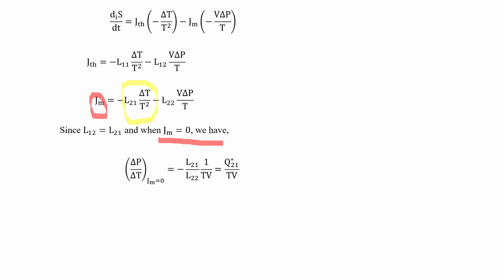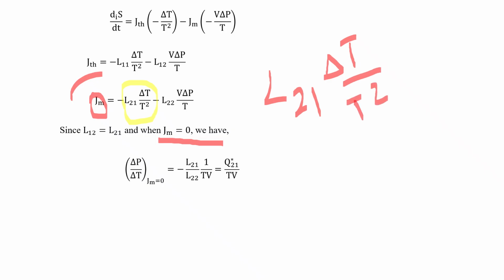So when Jm is equal to 0, if you bring this minus L21 del T by T square to the opposite side, it will become plus. So L21 del T by T square is equal to L22 V del P by T. So we know that the reciprocal relationship will be equal, L12 is equal to L21.